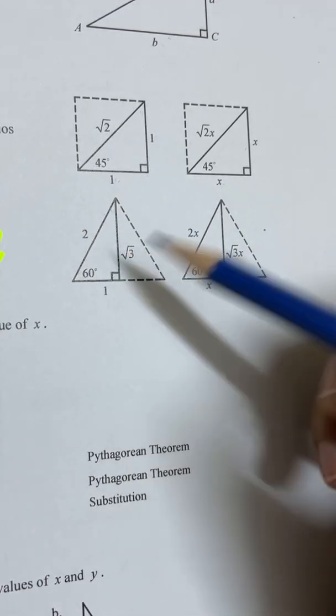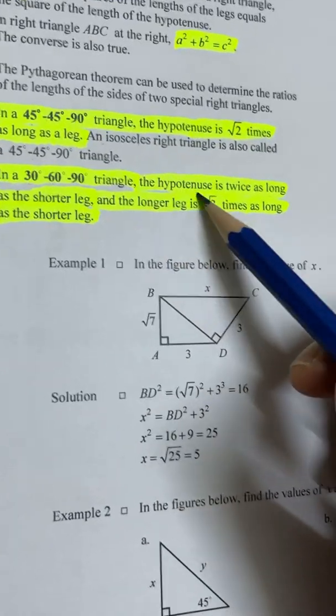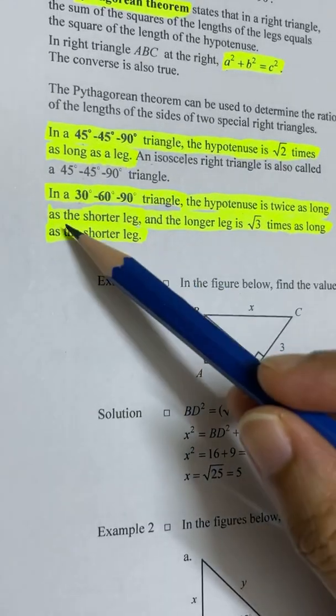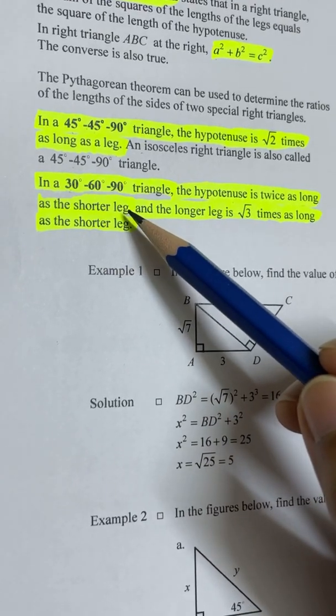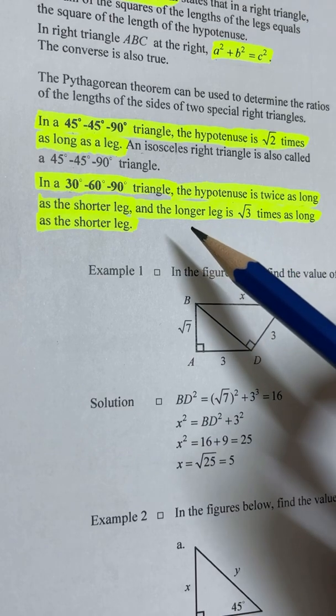In 30, 60, 90, what you have to remember is the hypotenuse is twice as long as the shorter leg. Now here we are going to define a shorter leg and a longer leg, and it's very simple.